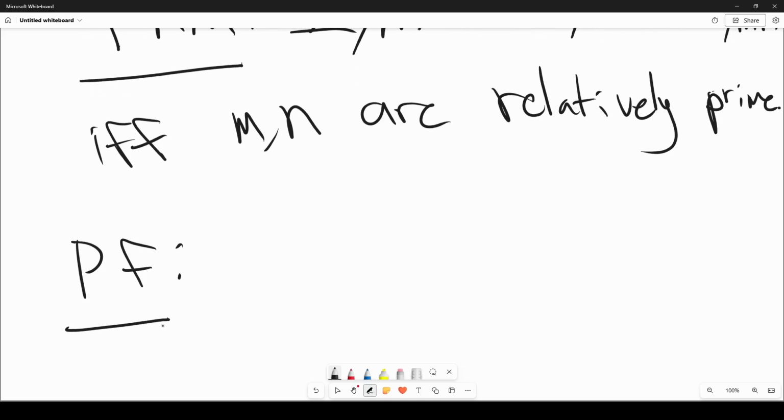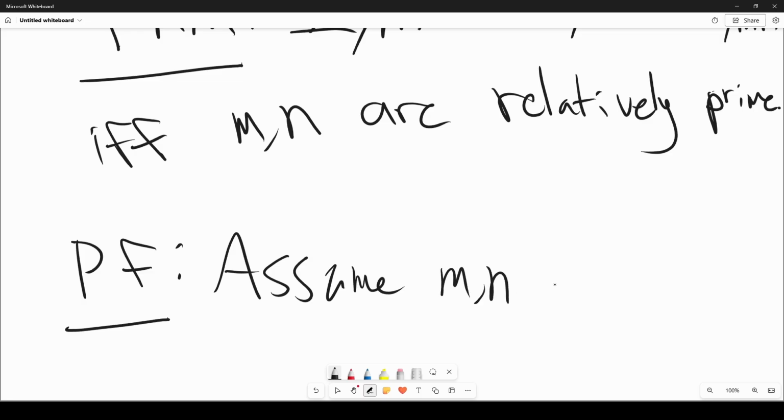So let's do the first direction, which is first we're going to assume that M and N are relatively prime, and then prove that these two groups are isomorphic to each other. So assume M and N are relatively prime.